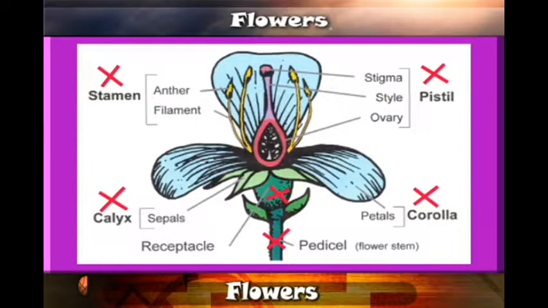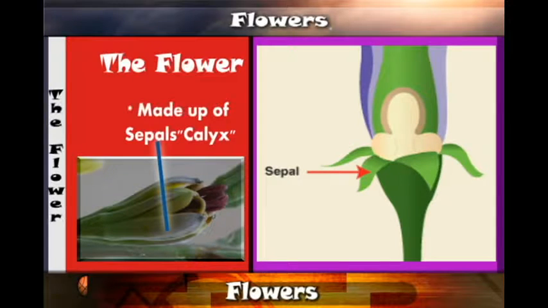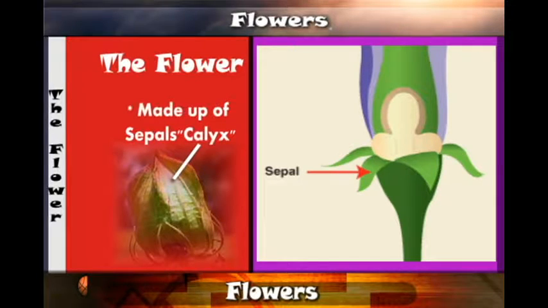Now, when we come to the different parts of the flowers, we find that we have what we call the calyx. The calyx, we say that this one is mainly composed of the sepals. You find that the calyx is the one that protects the inner flower part during the bud period.